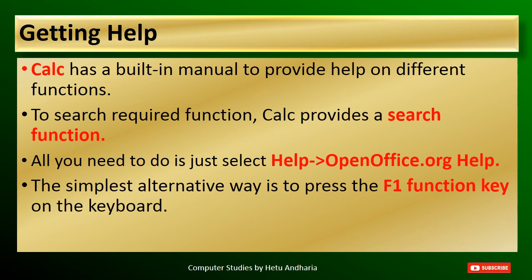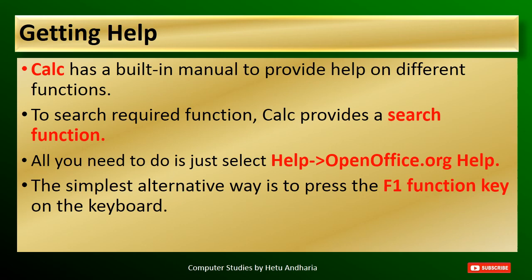Now the last topic of this chapter is getting help. Whenever you are using a new program, in all programs a help facility is given, not only in Calc. So you should at once look for the help. In the same way, in Calc also this thing is provided. Calc has a built-in manual to provide help on different functions or different topics.